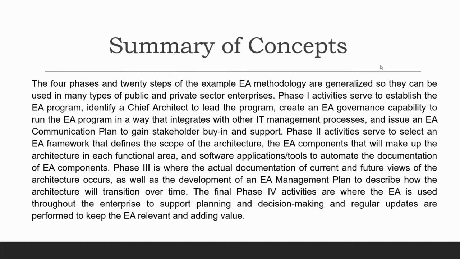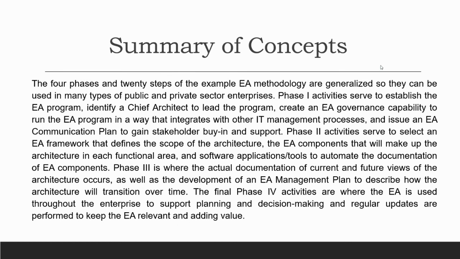So, let's go back. Phase 1 activities include establishing the EA program, identifying a chief architect to lead the program, developing the EA governance capability to run the EA program in a way that will integrate with other IT management processes, and issuing a communication plan to gain stakeholder buy-in and support.